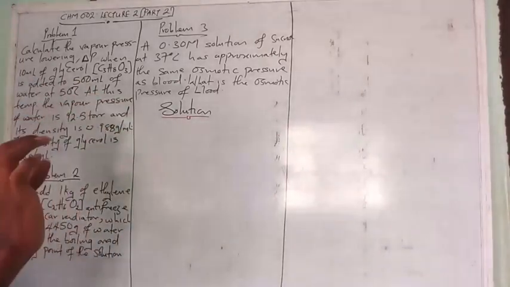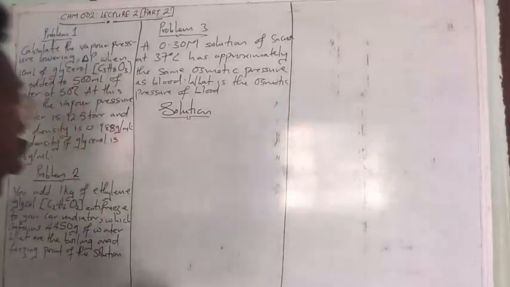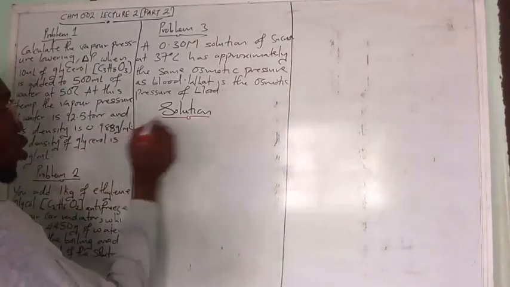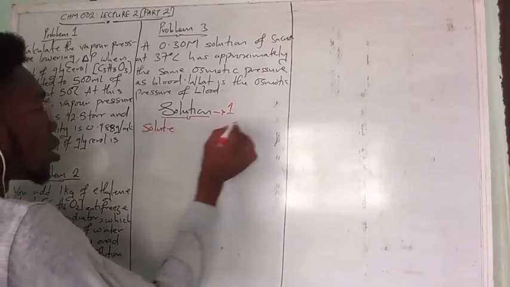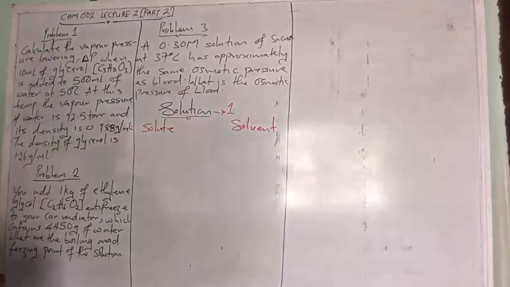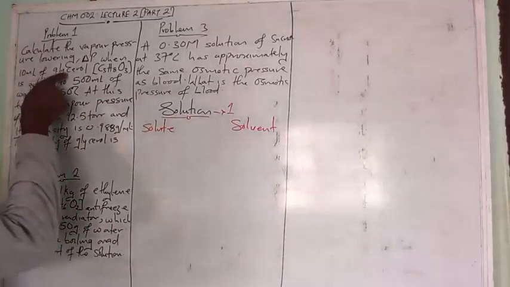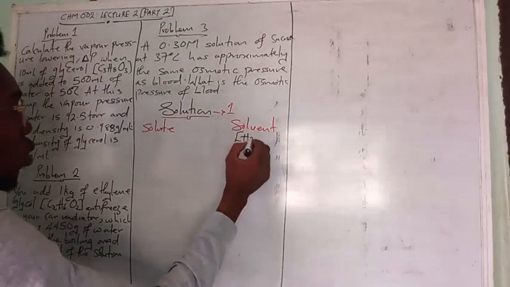Automatically, the first thing that comes to your mind is which one is the solute and which one is the solvent. So, answer number one: which one is the solute here? The solute is glycerol because that's what you added to water. So, water is the solvent, H2O.